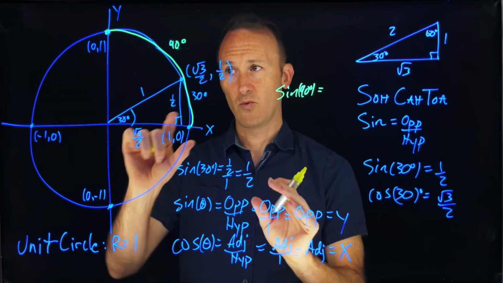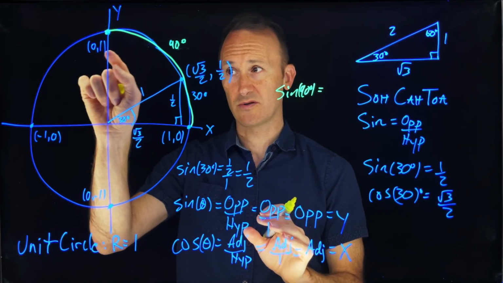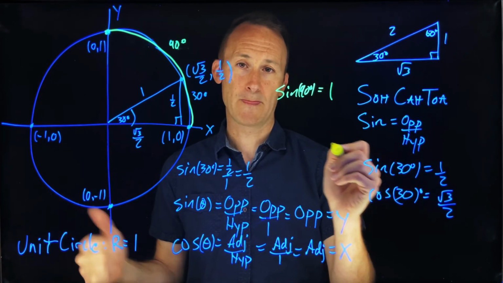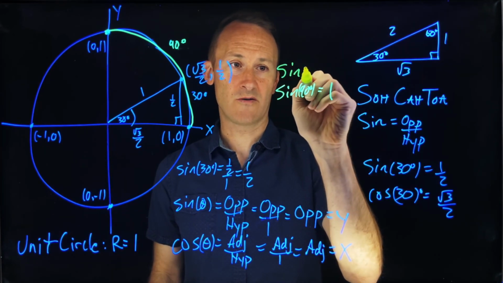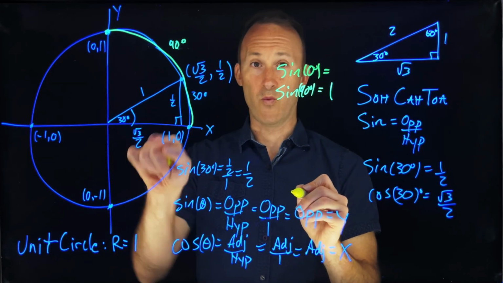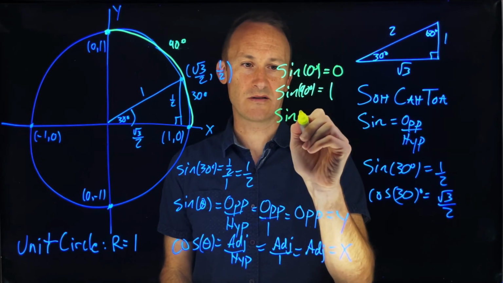So you can simply use the unit circle, x is 0, y is 1, to figure out that the sine of 90 is 1. Similarly, if you start at 0, it's the sine of 0. Well, y there is 0. You can get them all like this, all the corners, nice and easy.